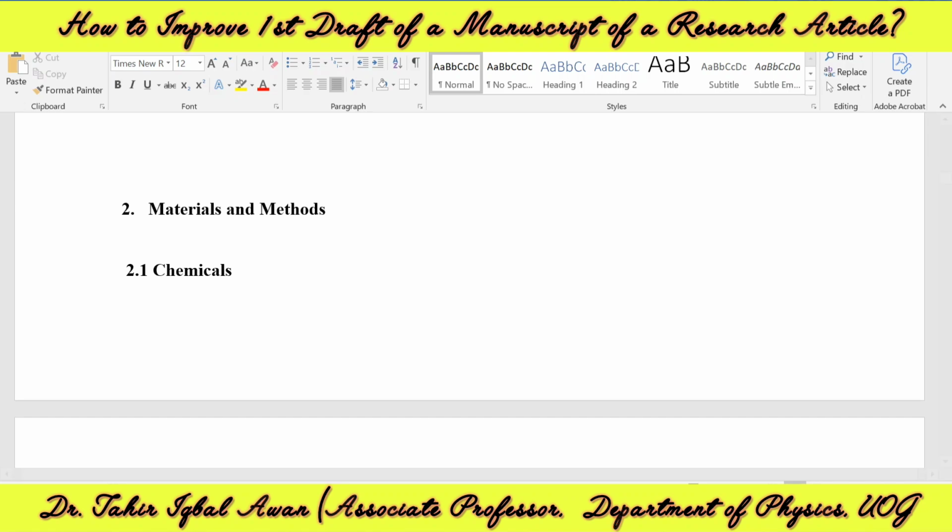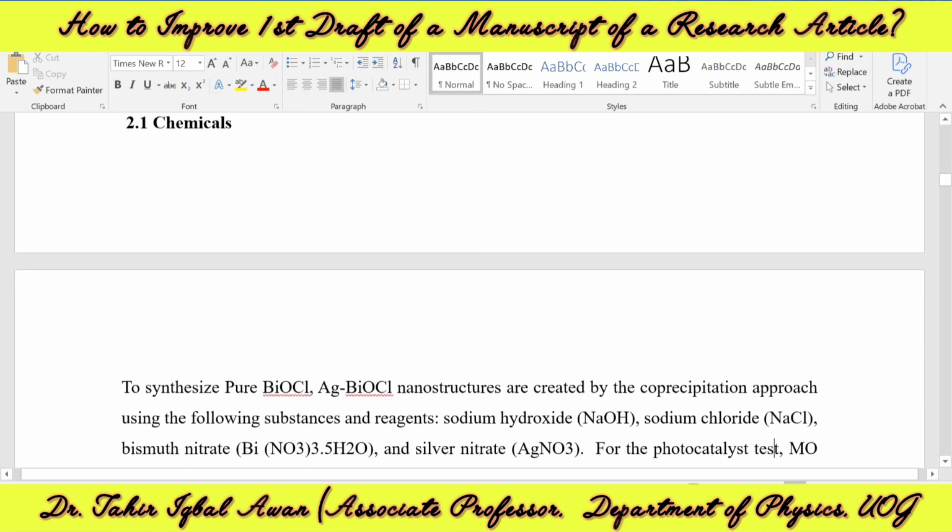You can see the title is materials and methods, and then the next is the subsection, 2.1, that is chemicals. In my opinion, materials is of course chemicals. So in 2.1, the subheading should be materials.